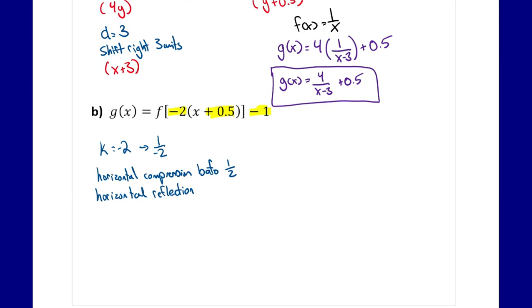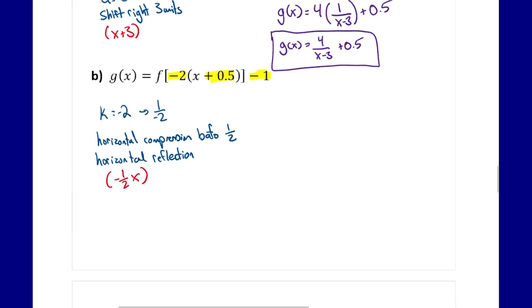So what's happening to our X value then? Well, this is telling us that our X value, we are going to multiply it by -1 over 2, or -x divided by 2. We have a D value, which is going to be a -0.5. So this means we shift left 0.5 units.